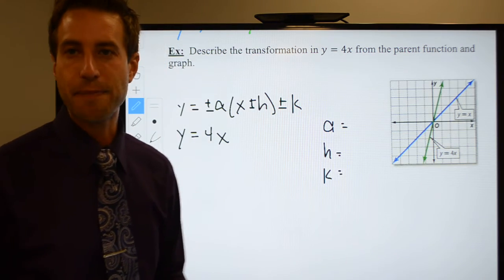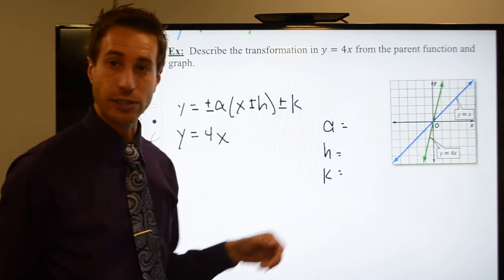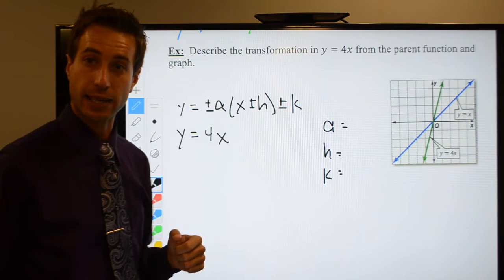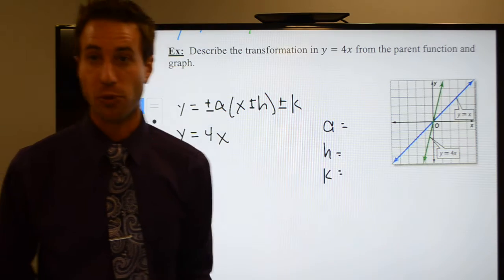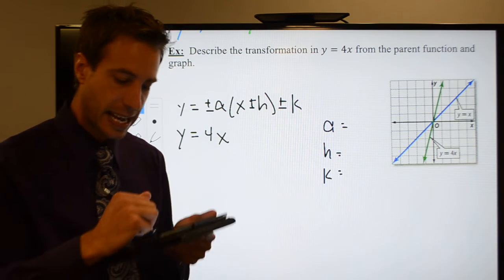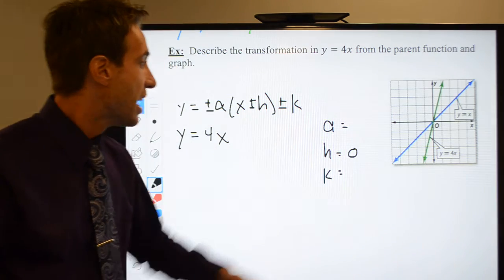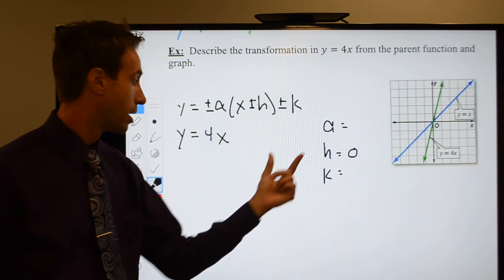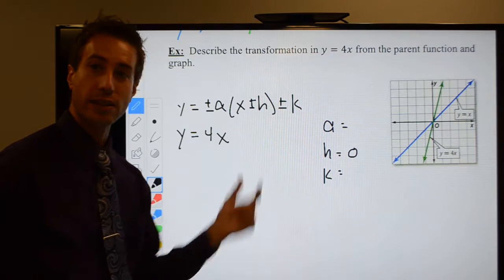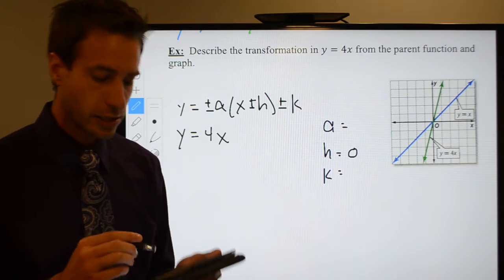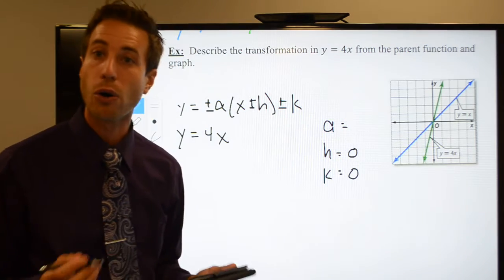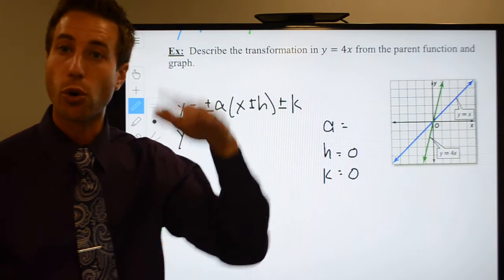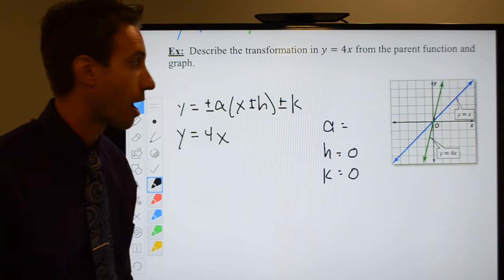All right, once again, if I had an h, it would be inside parentheses with the x. And I have no parentheses, so there can't be an h, it must be 0. If I had a k value, I'd have something tacked on to the end. And I have nothing tacked on the end back here, so there is no k value, it must also be 0. I have neither a horizontal shift, nor do I have a vertical shift. Neither of them are happening here.